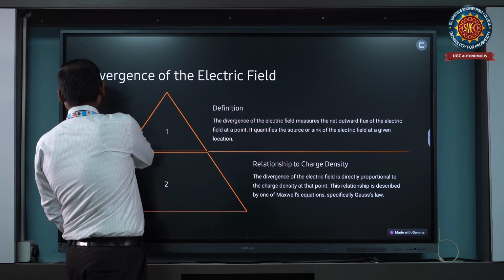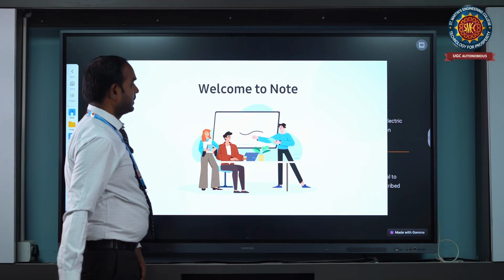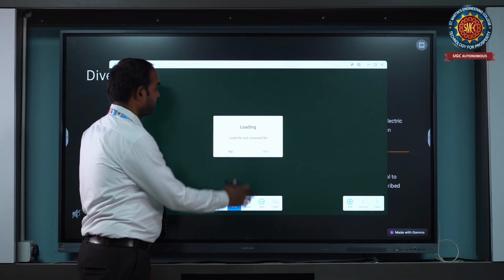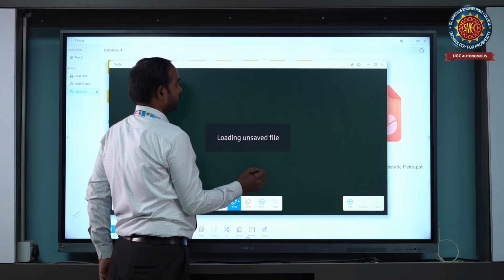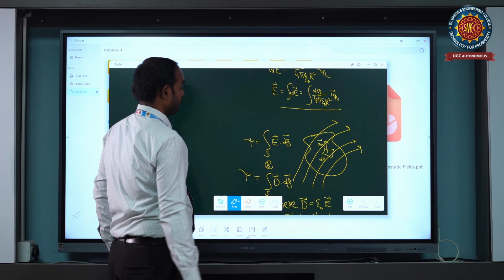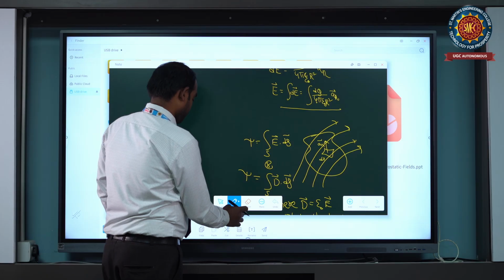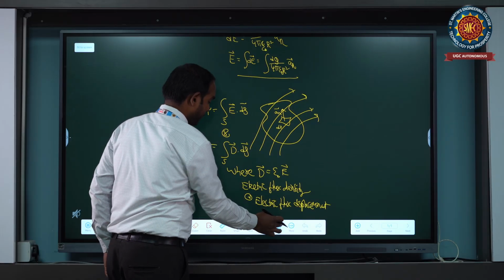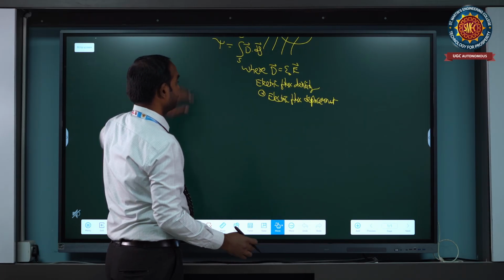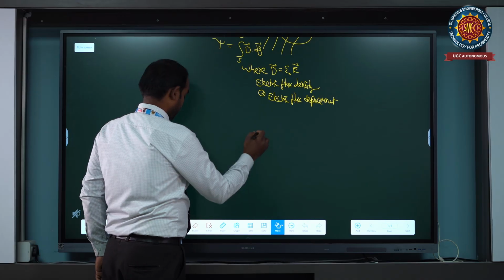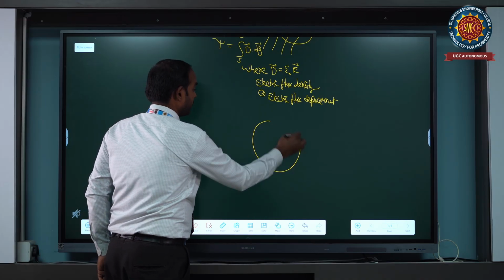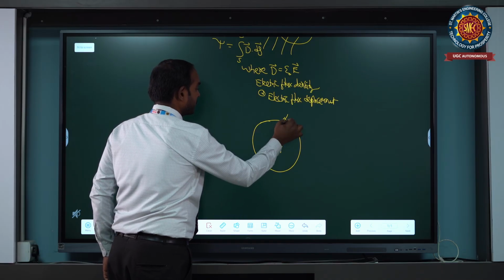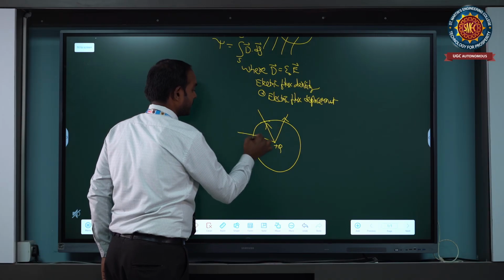Consider a closed surface. There is a positive point charge Q. It always emanates electric flux lines radially.